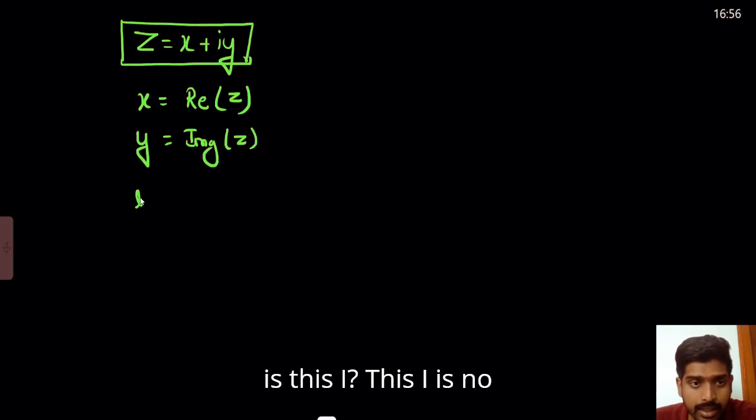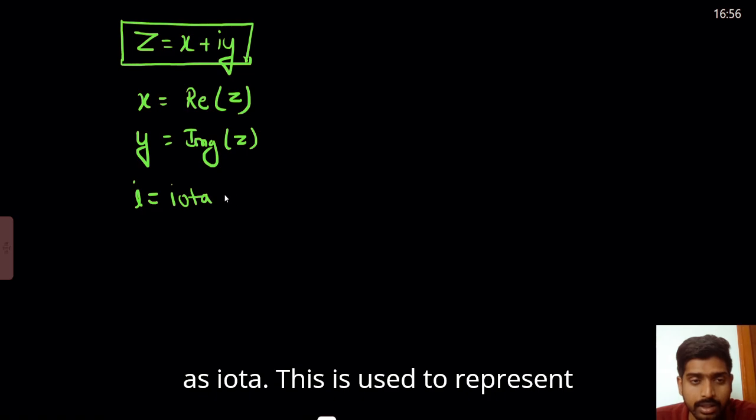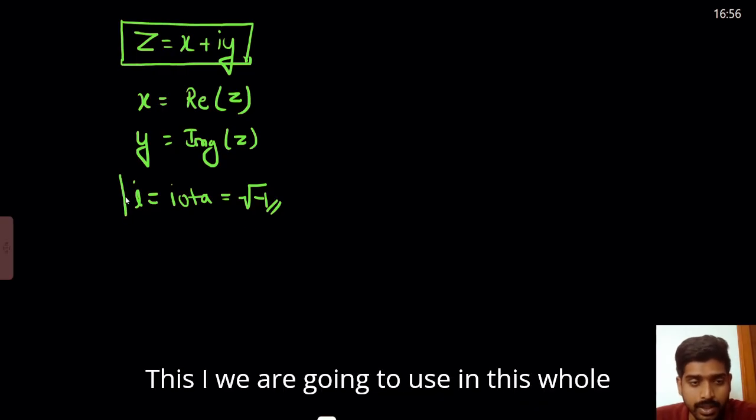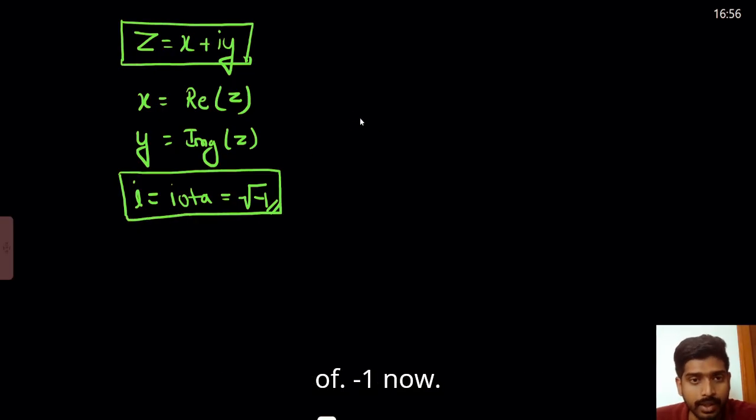And what is this i? This i is not any number. This i is known as iota. This is used to represent under root of -1, which is imaginary. So this i we are going to use in this whole chapter is used to represent under root of -1.